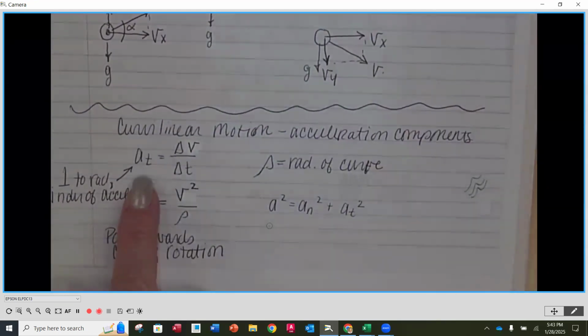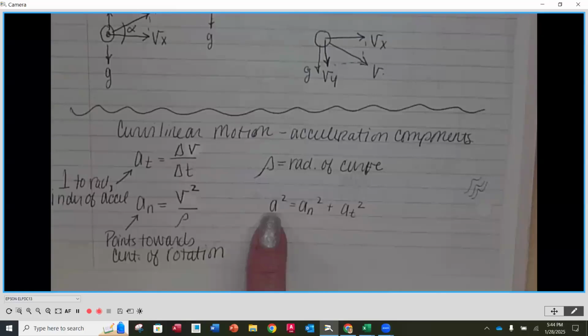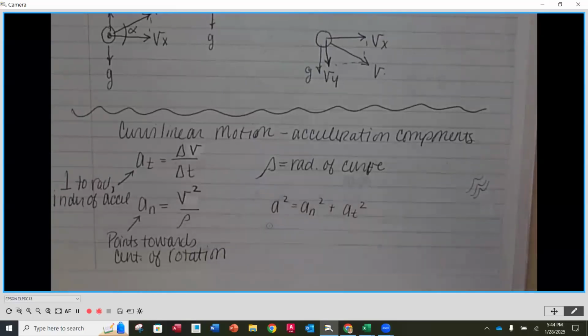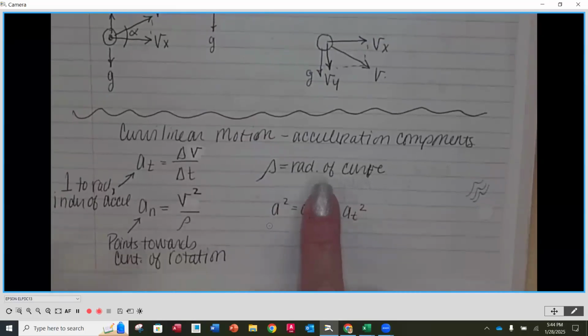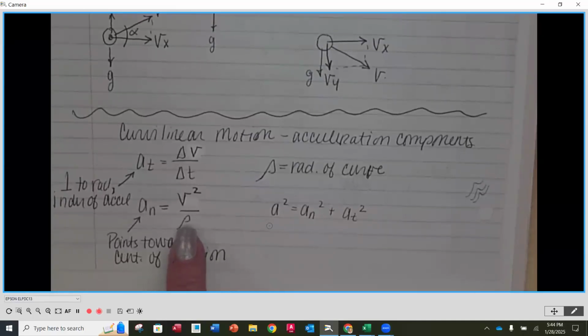So this is the tangential component. This is the normal component. And then this is the equation for the total acceleration using that Pythagorean theorem form. And rho here refers to the radius of the curve, which you see down in the denominator of the normal component of acceleration.